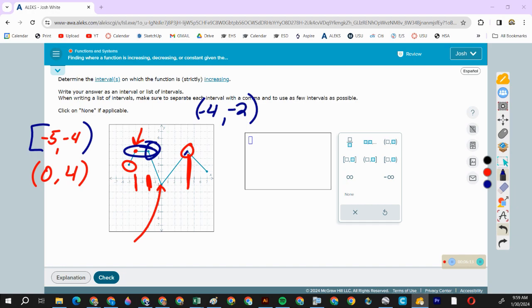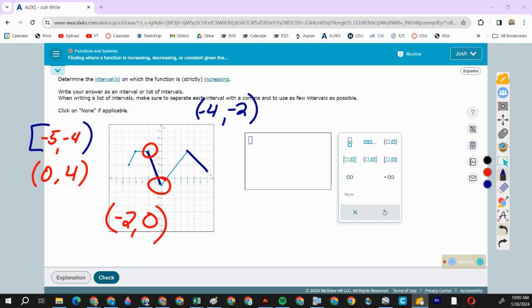What about downhill? Well, this would be a downhill chunk, and this would be a downhill chunk. So from -2 to 0. Are we going downhill at -2? No, we're between flat and down, so that gets a parentheses. Are we going downhill at 0? No, it's between down and up.